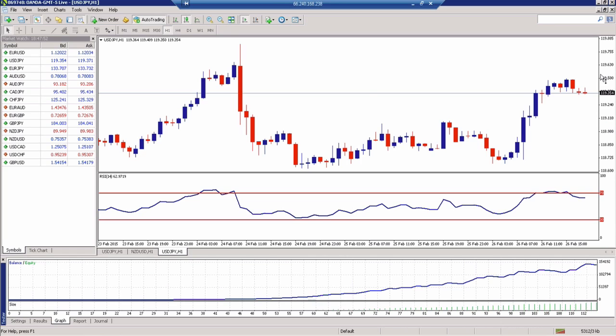A pip with the USD/JPY is 0.01, so it's the lowest increment. In this case, the low value is 119.47, knock 20 off, round it down, and we'll call it 119.25 so I can remember it easily.